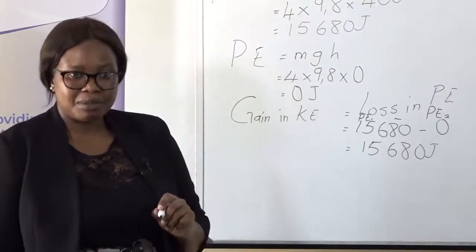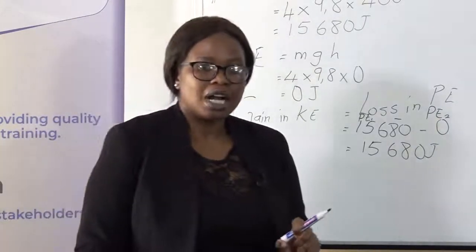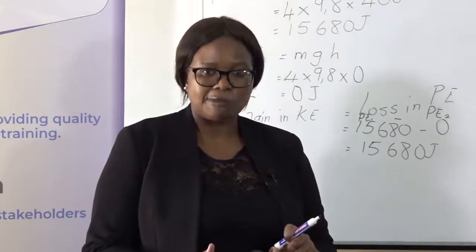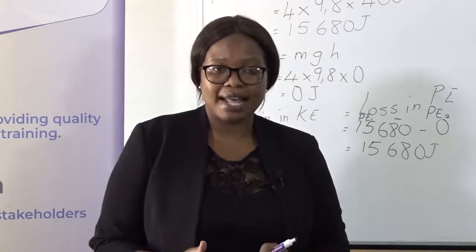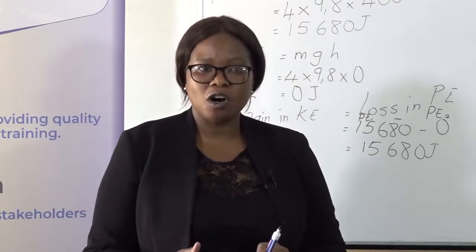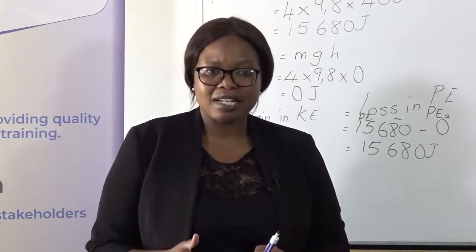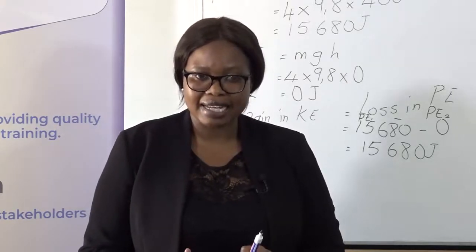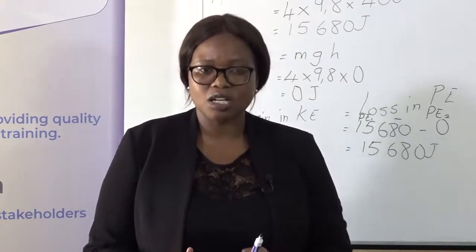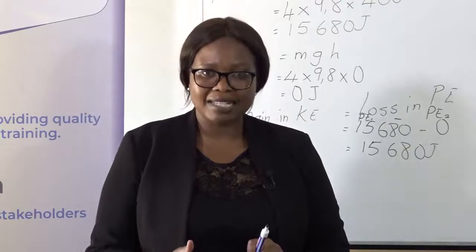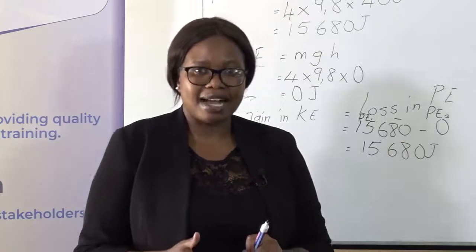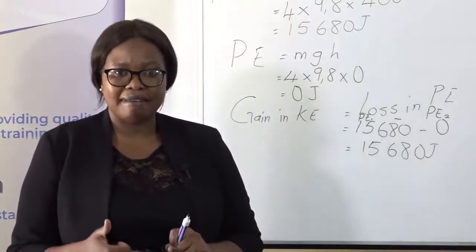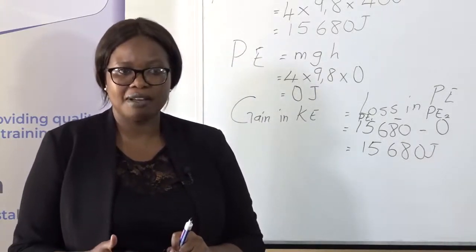So now it means we are going to calculate the velocity. And how do we calculate velocity? We are going to apply the formula for kinetic energy. And what is the formula for kinetic energy? Kinetic energy is equal to half mass times velocity squared. But in this regard, we want to make V subject of the formula.